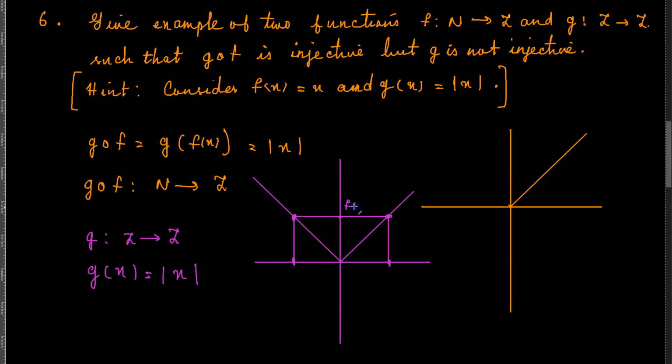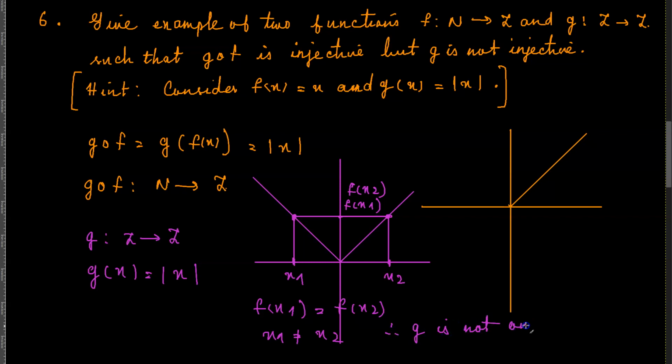Meaning that if I call this, for example, f of x1, and also f of x2, for the sake of argument, and call these x1 and x2, you can see that f of x1 is equal to f of x2, and x1 is not equal to x2, and therefore g is not 1-1.